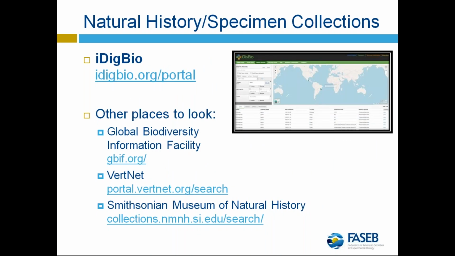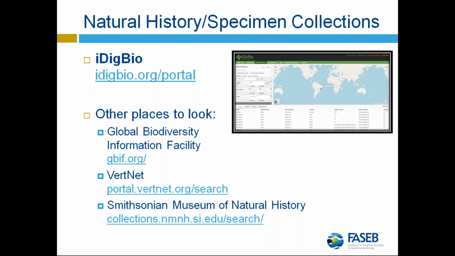Now, the natural history specimen collections. The FASEB database covers only our living collections, but if you're looking for natural history or specimen collections, we suggest you start your search with these 4 databases listed here. iDigBio is an NSF-sponsored database of digitized records.